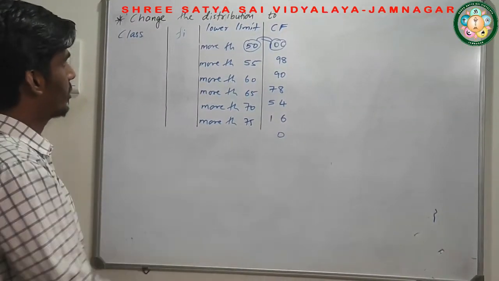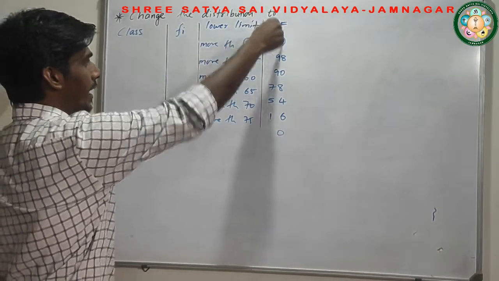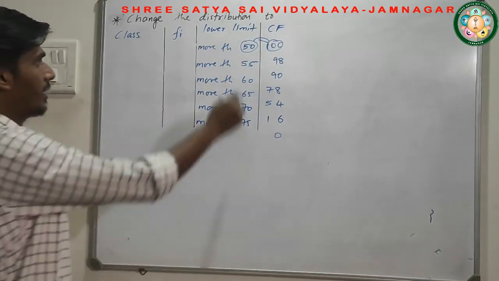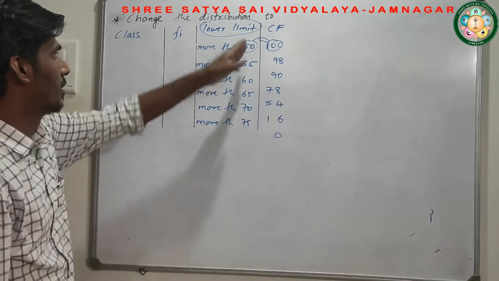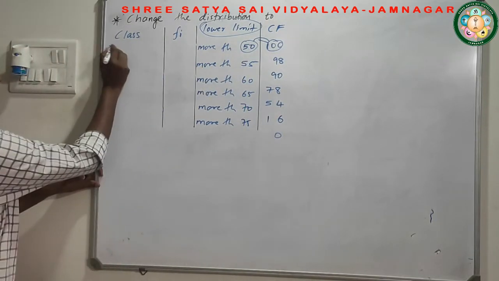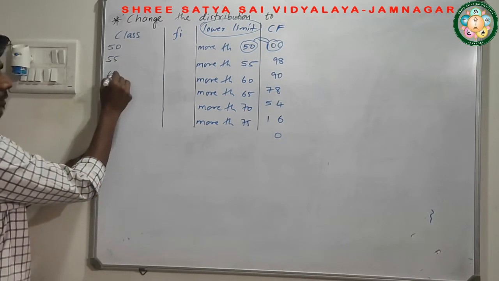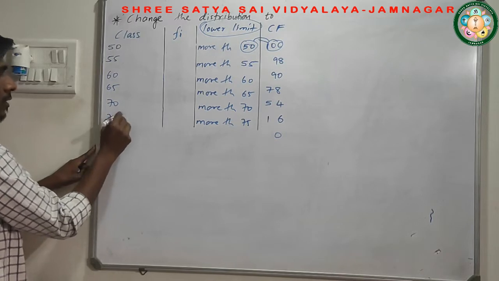Let's again reverse the question. Now from the lower limit and CF, we have to find out Fi and class. Here we know the lower limits are already written. Let's write down all the lower limits first: 50, 55, 60, 65, 70 and 75.